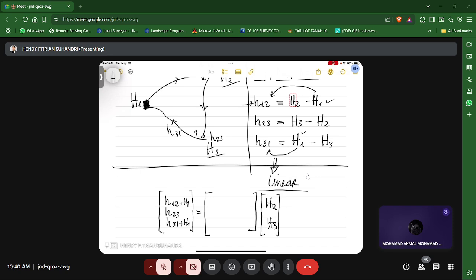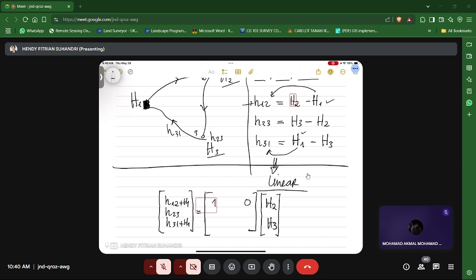The coefficient is 1, actually. So we have 1 here. And do we have H3 for the first equation? No, so we simply put 0. And then for the second equation, we do have H2 and H3.